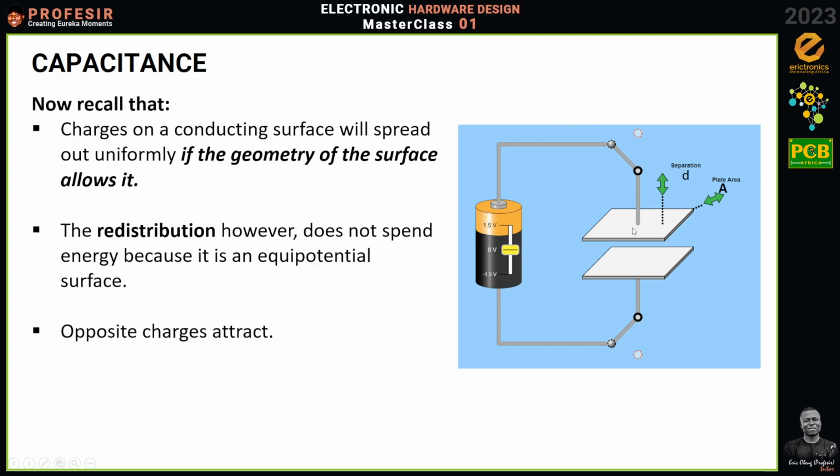Is that okay? Now, for the time being, for these things that I'm saying, we are assuming that this distance d between the plates is so wide apart. And so in that case, we will still have some form of equipotential surface. And yesterday we said that energy is not spent to move charges over an equipotential surface, because for energy to move, there has to be a potential gradient.